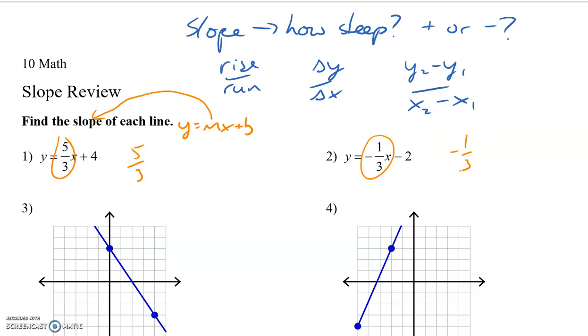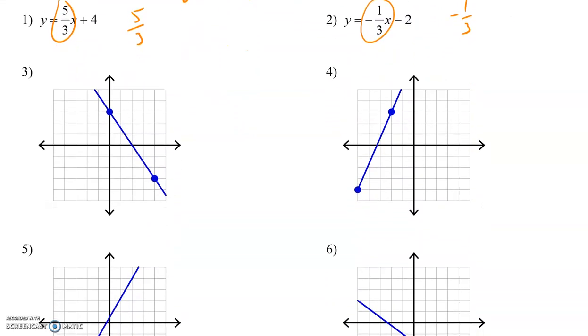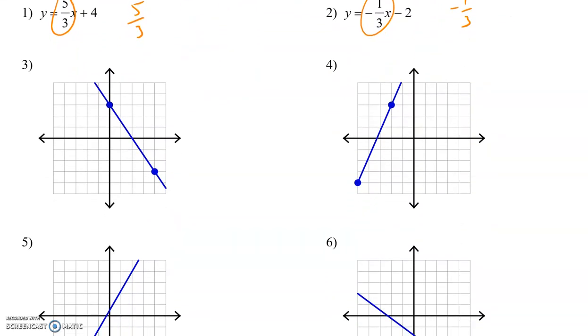It's pretty nice. Just make sure it is in slope-intercept form, where it's y all by itself equal to something times x plus or minus possibly a number. Sometimes instead you're given a graph and need to find the slope. We have these two questions here, and it's kind of nice when you have the points, it makes it a little bit easier. The first thing I'm going to do is write down the coordinates of the points, because we'll need those.